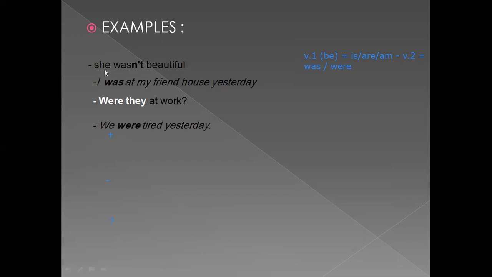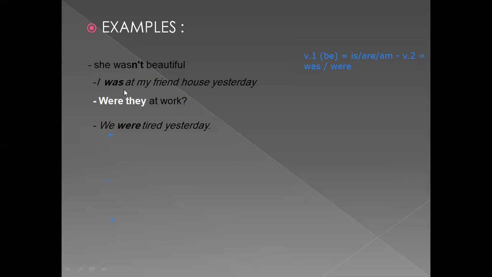So it's dependent on the subject. It's related to the subject. If the subject is singular, we should add was. If the subject is plural, we should add were. So, she wasn't beautiful.